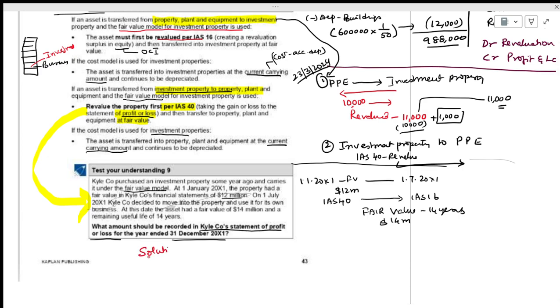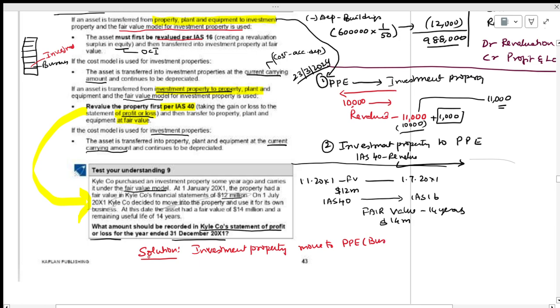Investment property moves to property, plant and equipment for the business. Which method are they using? Fair value method.